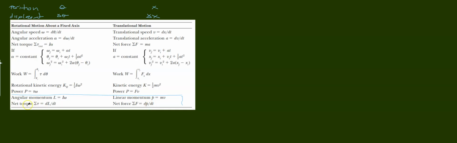Well, now we are eventually going to learn that the net torque, angularly speaking, is the change in angular momentum over time. Right, this L is the angular equivalent of this P. Mass times velocity, and then here is angular inertia, a moment of inertia times angular velocity.